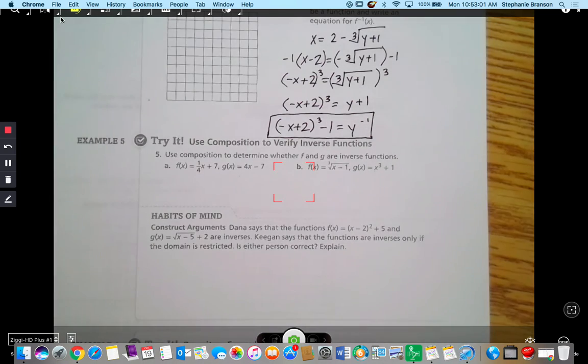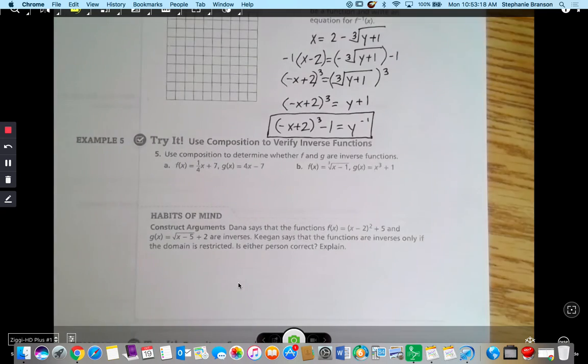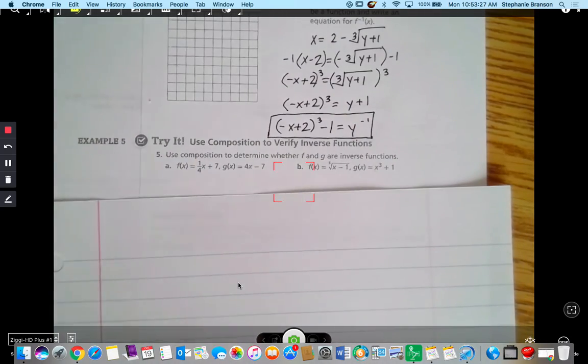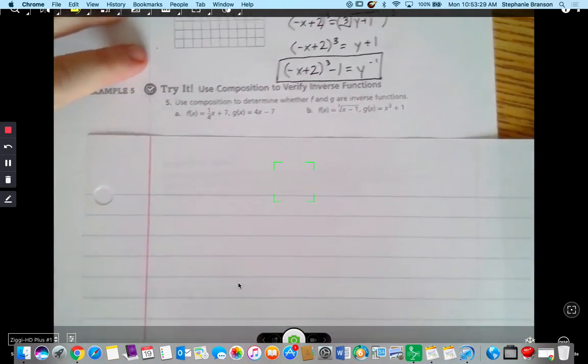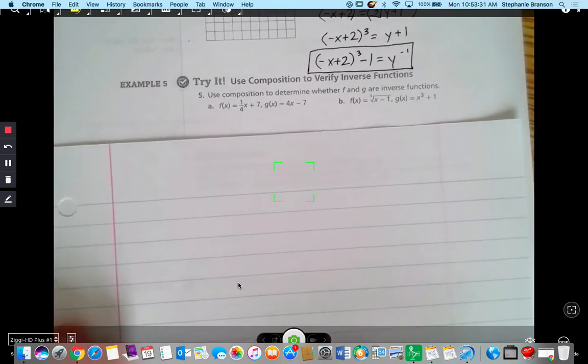This next part, you are going to need a sheet of paper to work. So to work 5A and 5B, you will need a sheet of paper. We don't have enough room in here. It says use composition to determine whether or not they are inverses of one another.